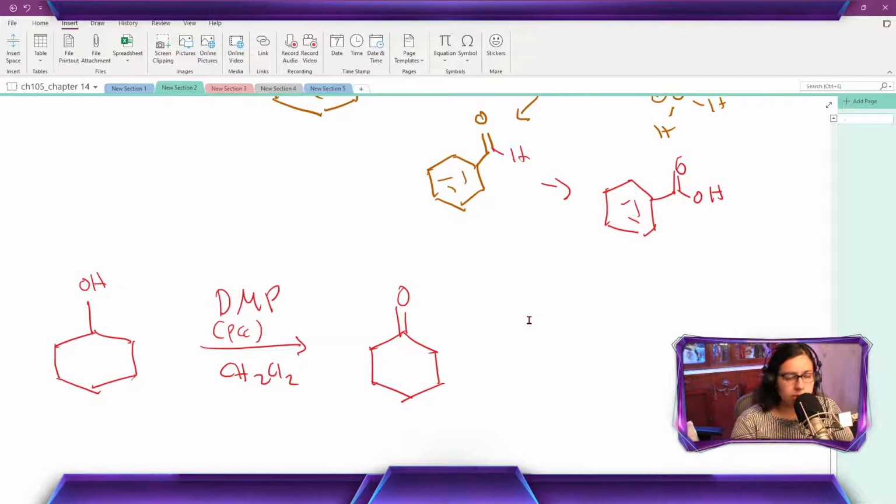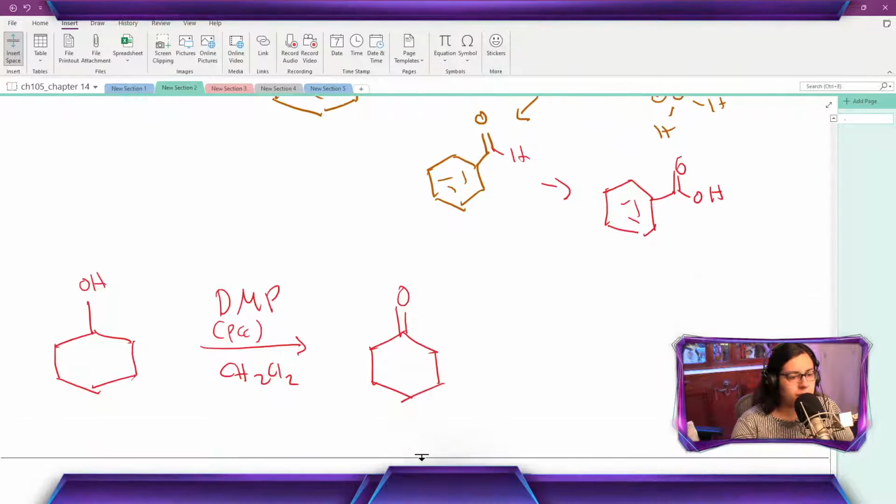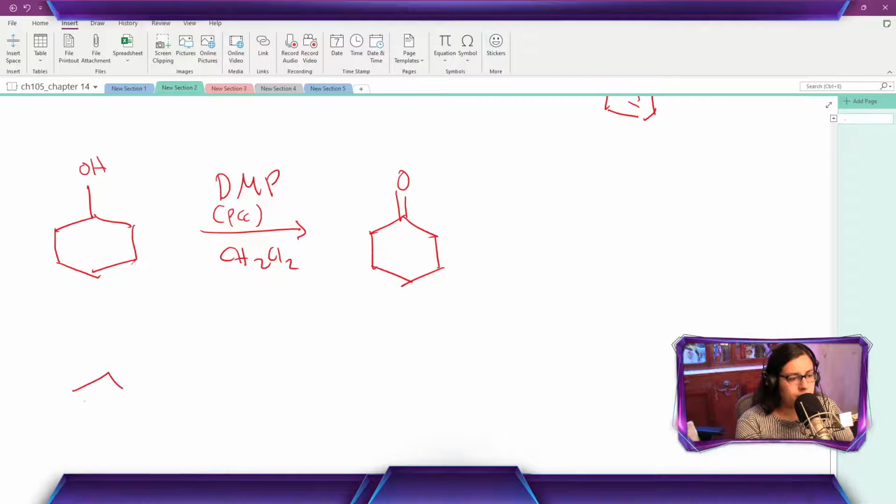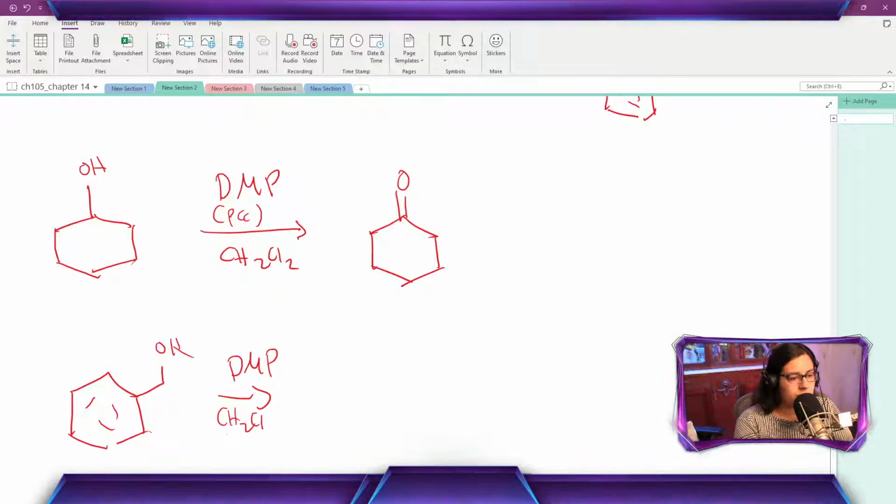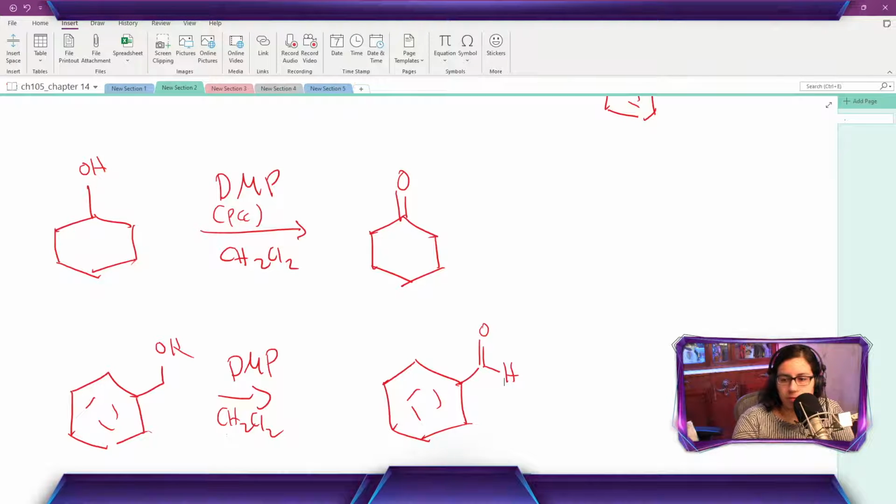But if you use DMP in the same reaction, so this is our benzyl alcohol again with DMP in the presence of DCM, now this one gives you benzaldehyde. So it would stop.